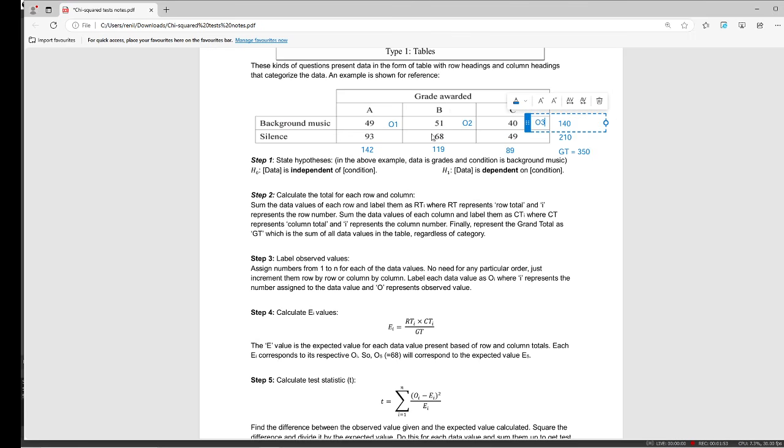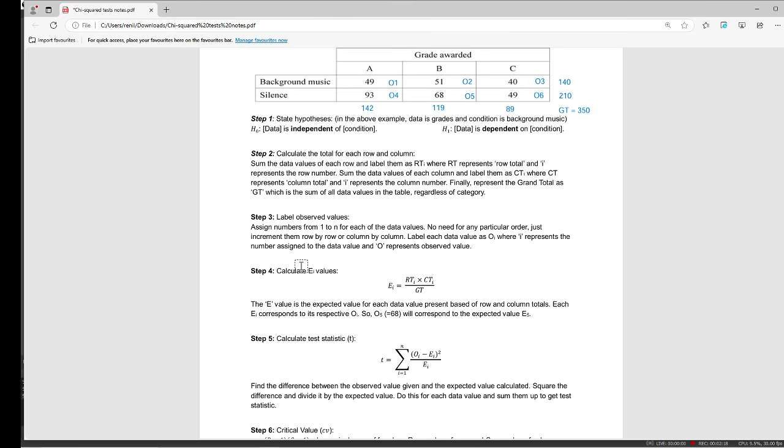This is O3, O4, O5, and finally O6. O representing observed value, and 1, 2, 3, 4, 5, 6 is just a label. So we do this for each value, and we label them Oi, where i represents the number assigned to the value.